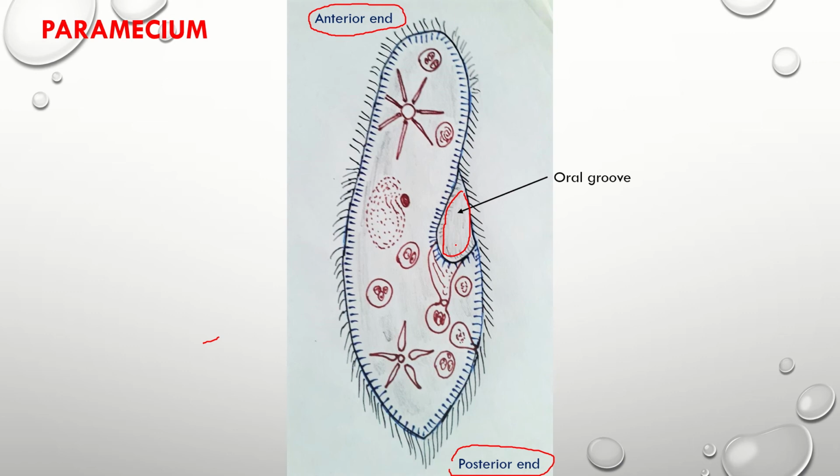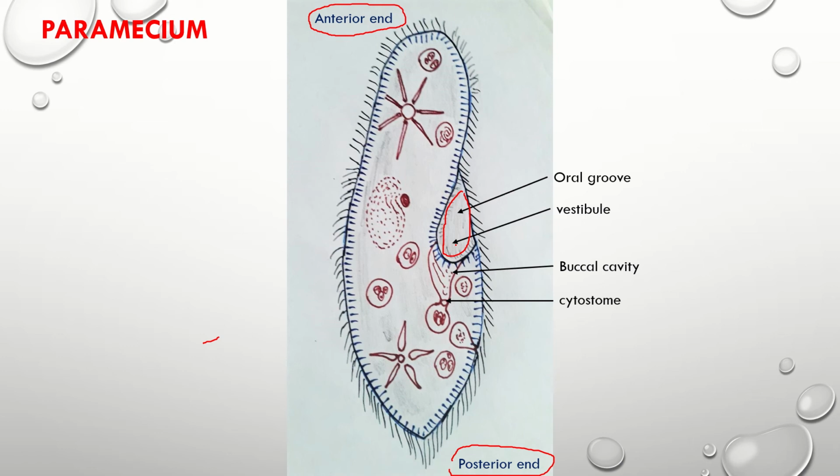Posteriorly, this oral groove leads into a deeper conical structure called the vestibule, which in turn forms a cavity called the buccal cavity. The buccal cavity leads into a mouth-like structure called the cytostome.